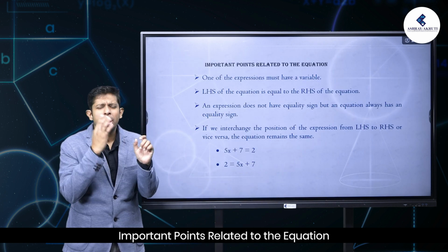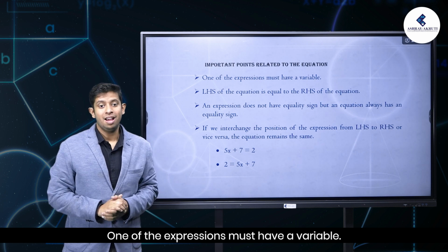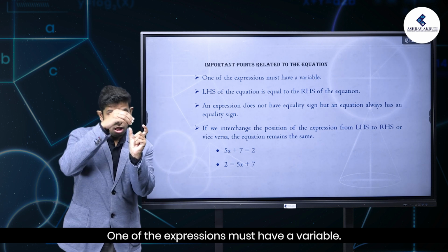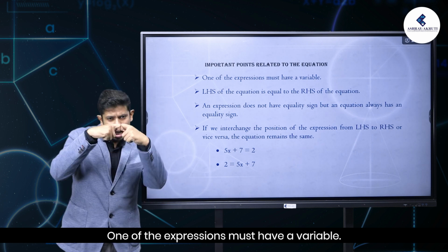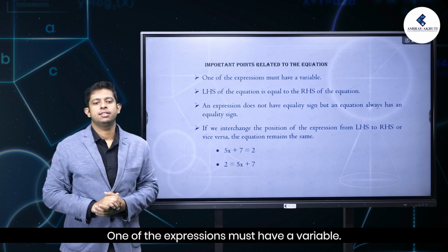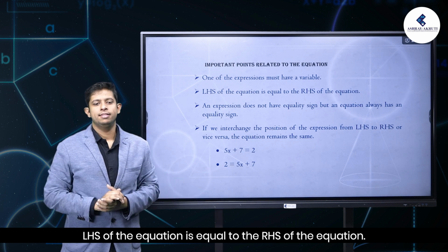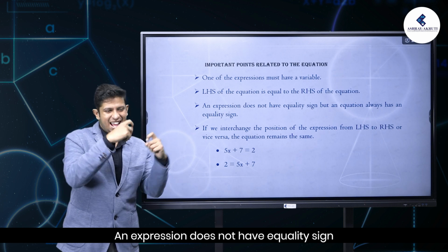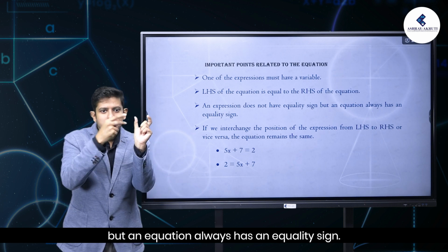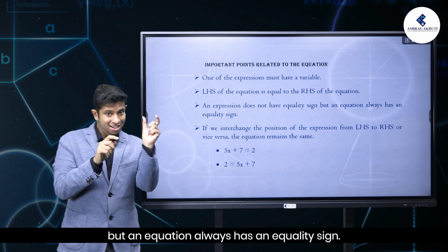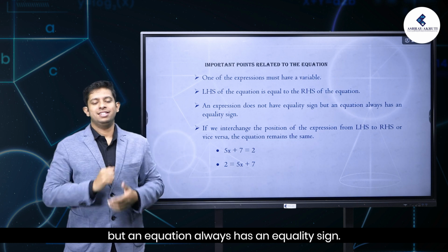Important points related to the equation. One of the expressions must have a variable. LHS of the equation is equal to the RHS of the equation. An expression does not have an equality sign, but an equation always has an equality sign.